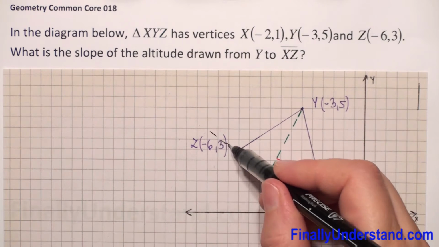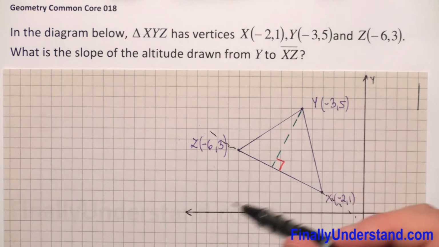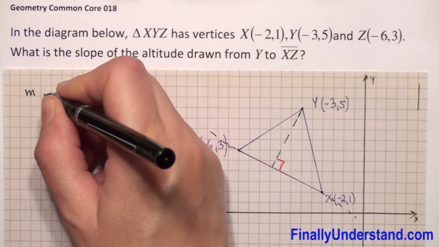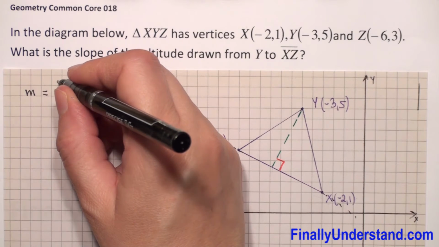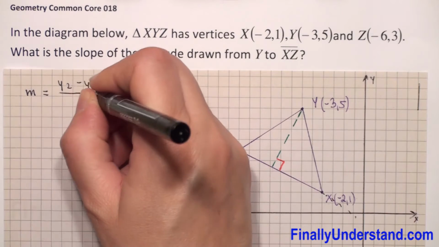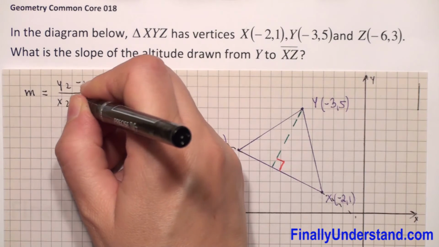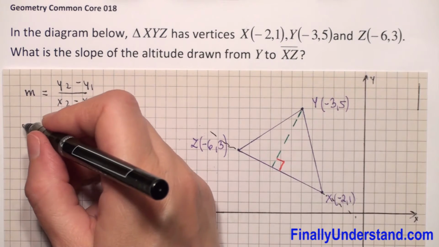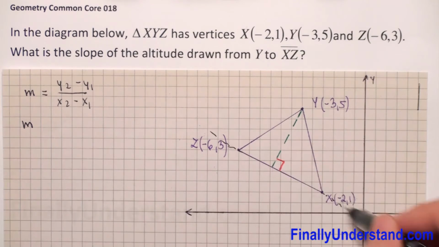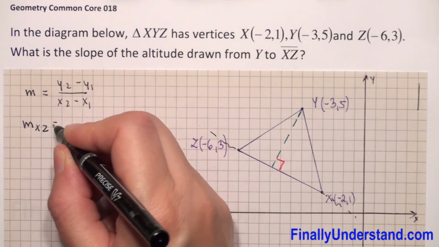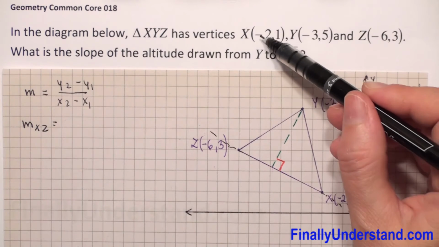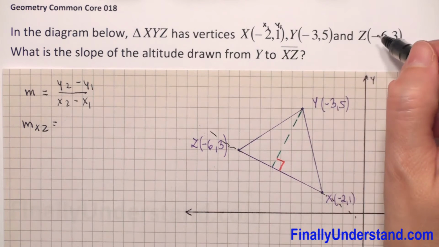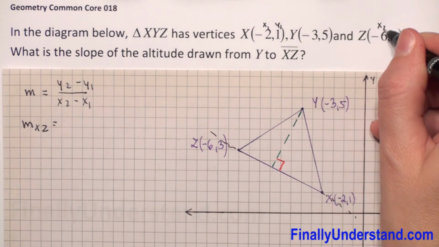The slope of this XZ line we can calculate because we are given these two points, and the formula for the slope is m equals, in the numerator, y2 minus y1 over x2 minus x1. In this example, we have the slope of XZ. Our point X has coordinates x1, y1, and Z has coordinates x2, y2.